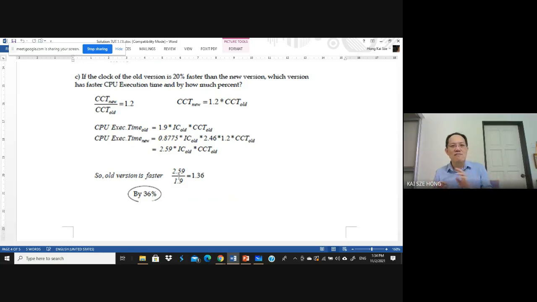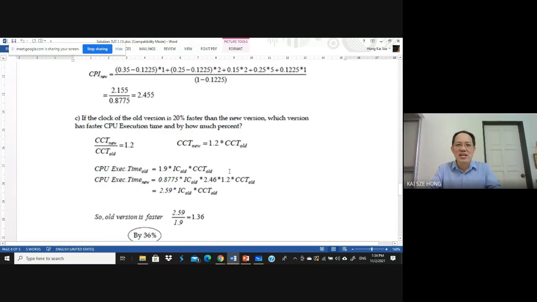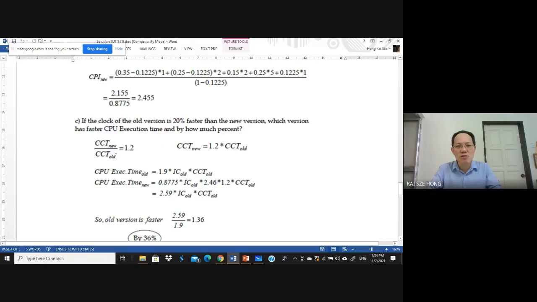Which version has the faster CPU execution time and by how much? The new over the old is 1.2.